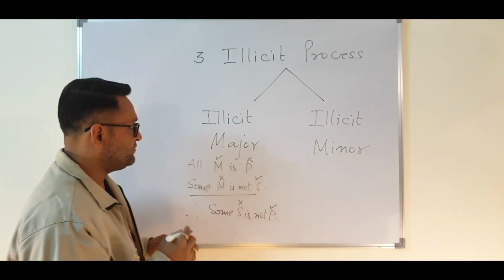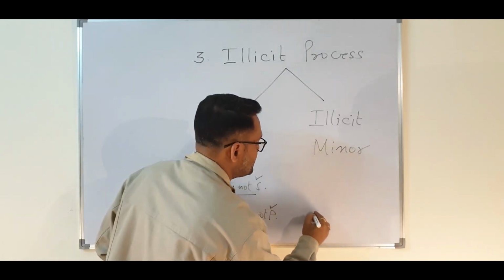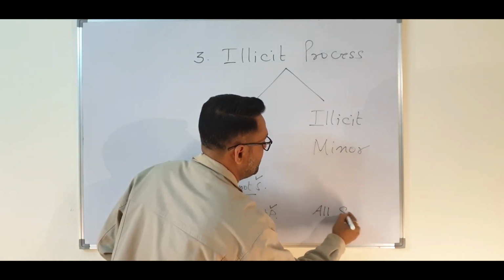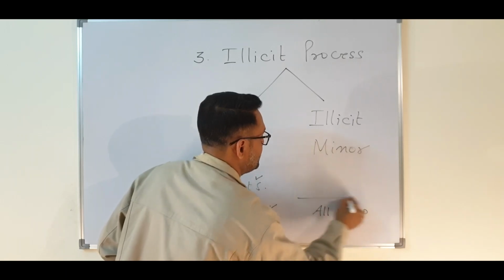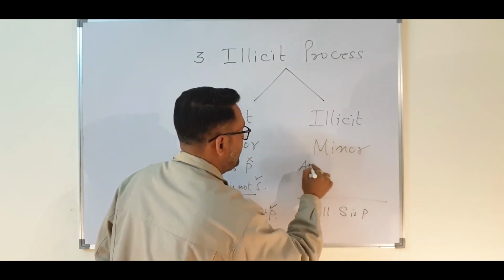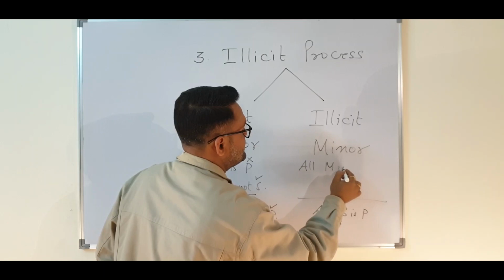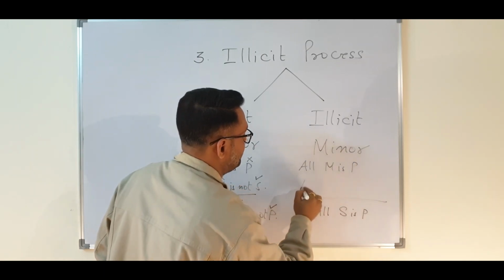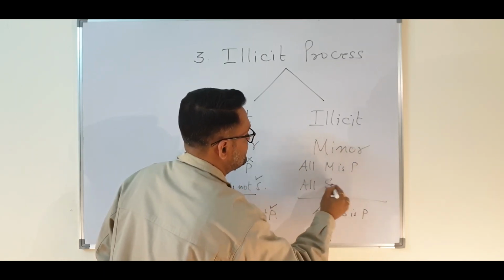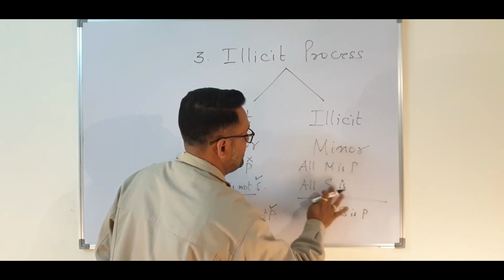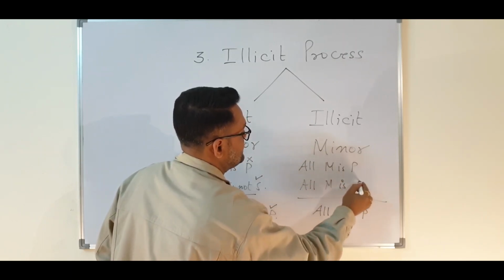Similarly, if we take a minor example, suppose in the conclusion we have all S is P, right? And here we have all M is P, and here we have all M is S, right?